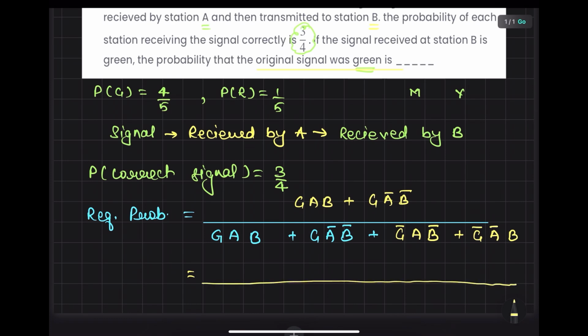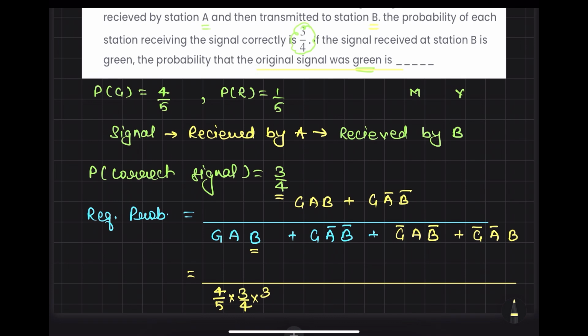Now look at this, what I am trying to write. So we have green. So probability of getting green signal is what? 4 by 5. Now A is receiving correct signal. So receiving correct signal is what? 3 by 4. B is receiving correct signal.